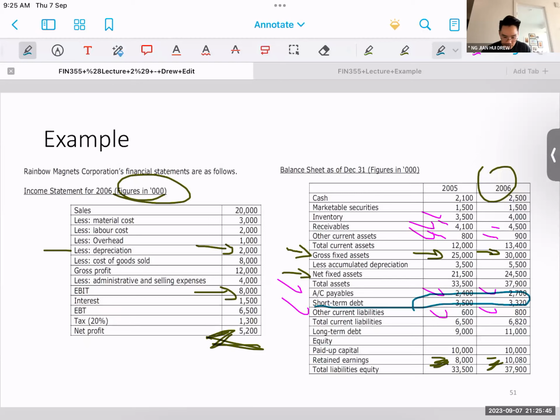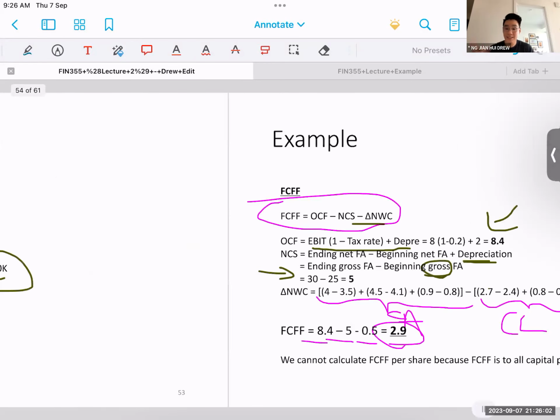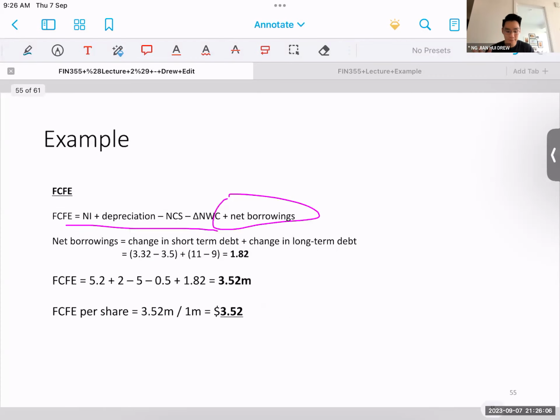What is happening to our long-term debt? Long-term debt has been increasing. So we are taking on more debt, so we have more cash flows. So we need to find the difference in the debt between the 2 years. For the long-term debt, it's a positive, right?